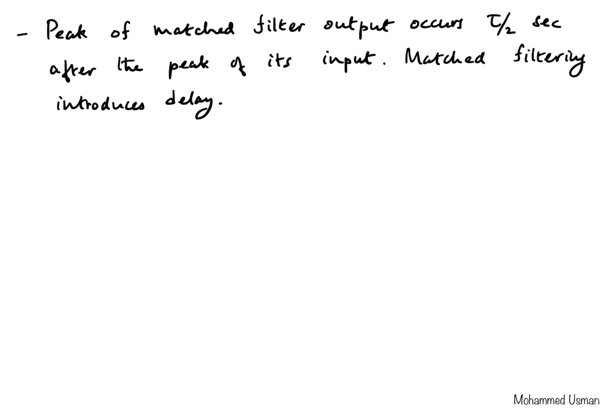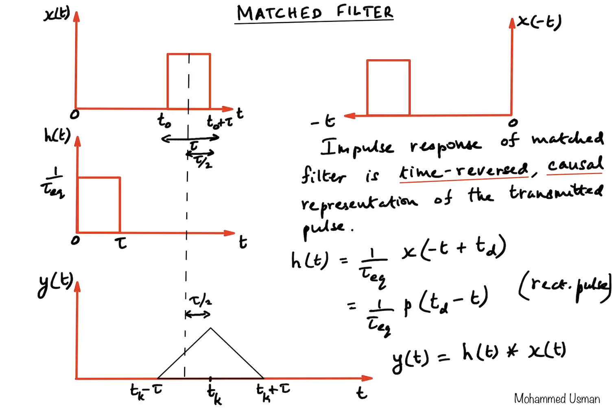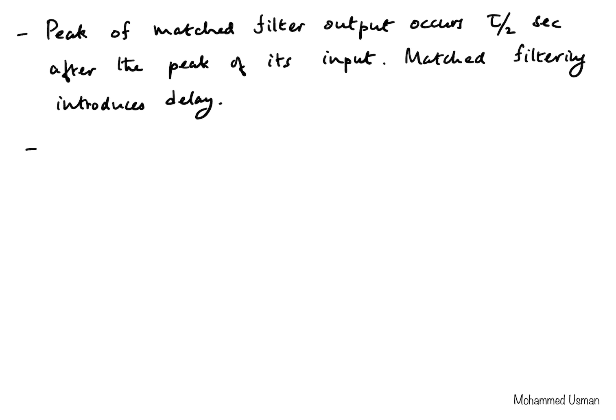And the next point that we want to make is, if you notice from the diagram, the output of the matched filter is 0 outside Tk plus tau and Tk minus tau. So we can have 0 intersymbol interference in matched filter.